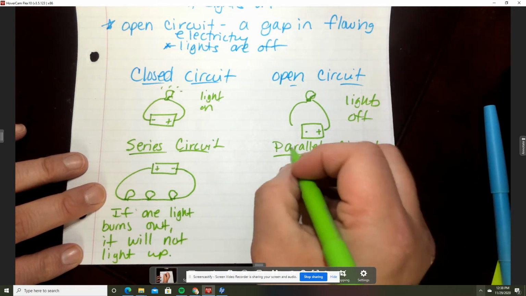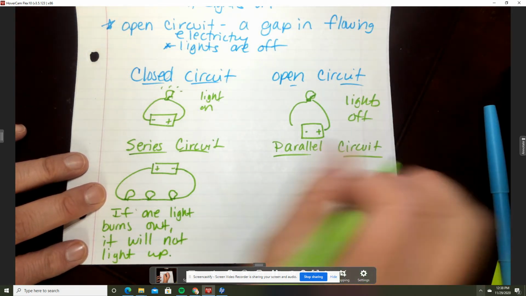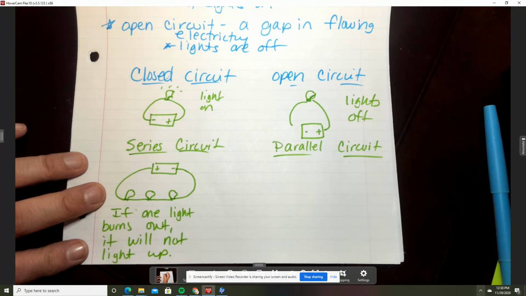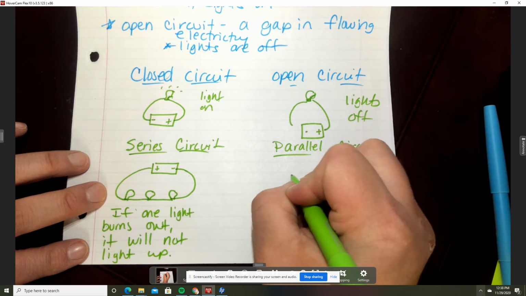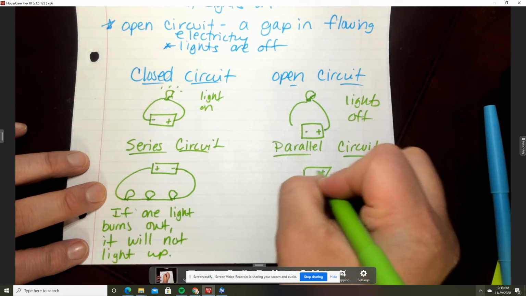But if you have a parallel circuit, which if you think about your classroom, I know Chrysler has parallel circuits, where there's more than one way that the electricity can go. So if one light bulb burns out, it's not going to cause all the lights not to come on. It'll still have the ability to light up.